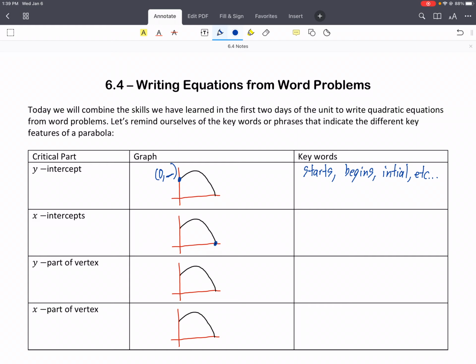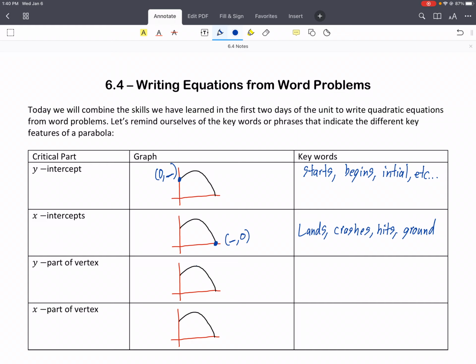Your x-intercept is going to be right here, and that'll be denoted by where you have a number and then 0. And here you're going to be looking for keywords like lands, maybe crashes, hits, or anything to do with the ground. Those are going to be some big keywords.